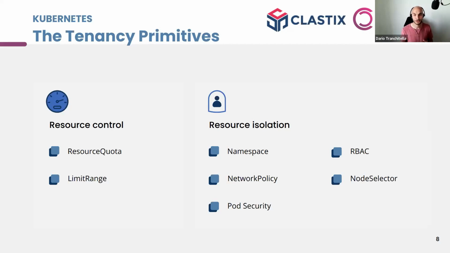Let's talk about resource isolation. So we know that with namespaces, we can group together our workloads, but obviously we have to pay careful attention also to security. And how can we do that? Essentially with RBAC. With the RBAC, we can limit the access of the tenant owners to the Kubernetes API server.